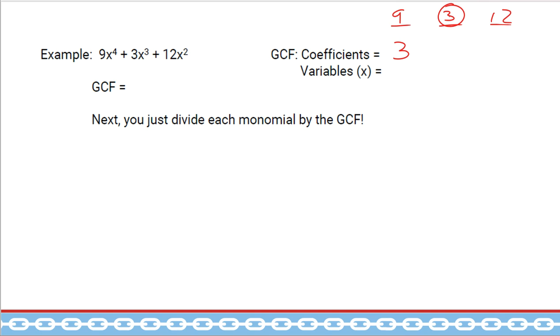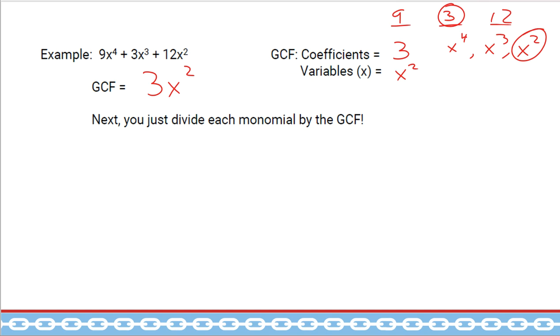Looking at my variables, I have x to the 4th, x to the 3rd, and x squared. Okay? I am going to take the smallest exponent. I'm going to take this x squared. So the greatest common factor here is 3x squared.